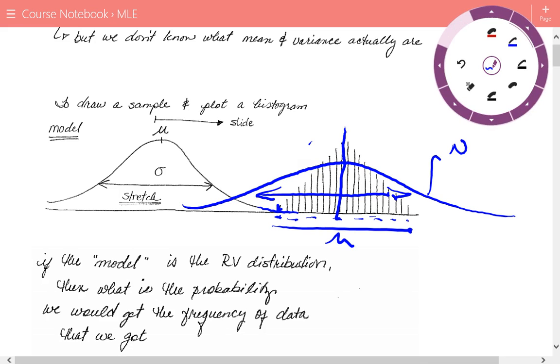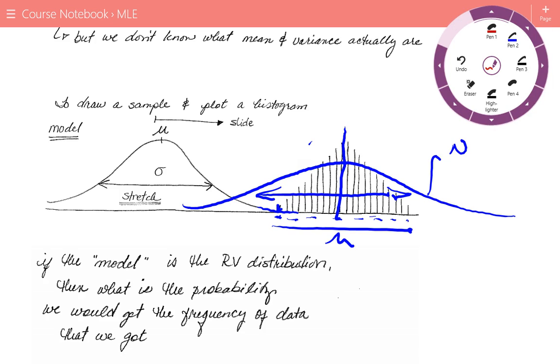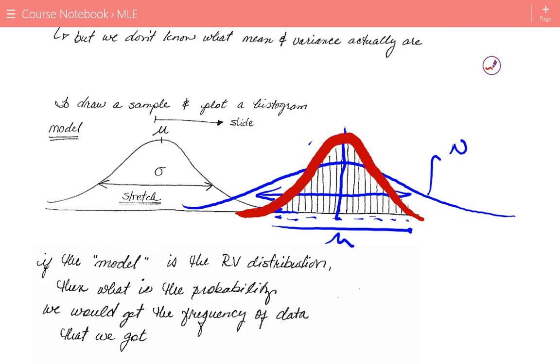Well, perhaps instead, I'll go back to my red pen, let me take a different distribution. Let me leave it there, but I am going to shrink it in a bit. Now with the same mean that I had before, but now a variance that only spreads it out this far, perhaps this is better. And indeed, by looking at the histogram, this is going to capture that histogram much more faithfully than did this original blue one over here.